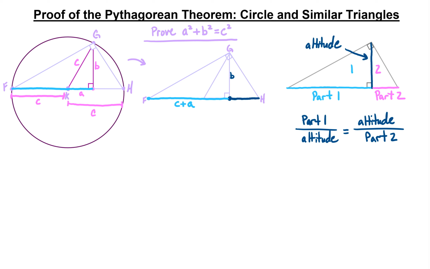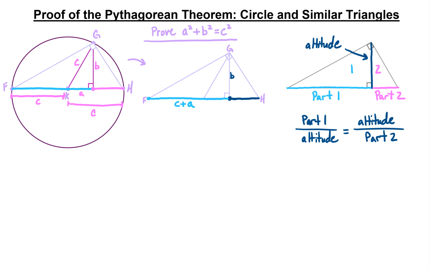And now if we take a look at part 2, the horizontal length part 2, which would be this portion right here, if we want to see what that is on our circle, that's going to be this portion right here from the right edge of a, or the bottom of the vertical b, all the way to the point H on the right side of the circle.